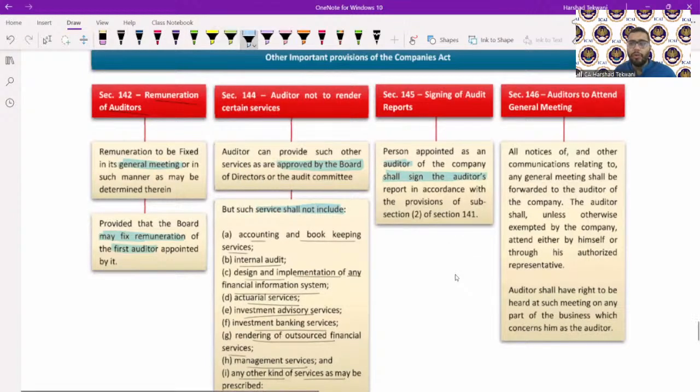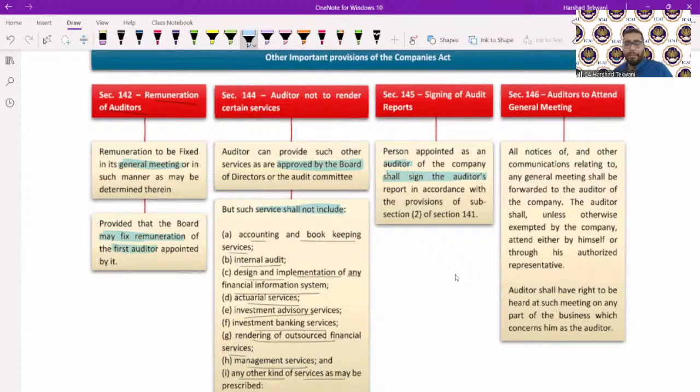Then comes the auditor's right to attend the general meeting. Now we saw that the auditor will be sent a special notice for the meeting, if he is not appointed as auditor, like when someone else is appointed in place of the retiring auditor. But overall, the auditor is also required to attend.